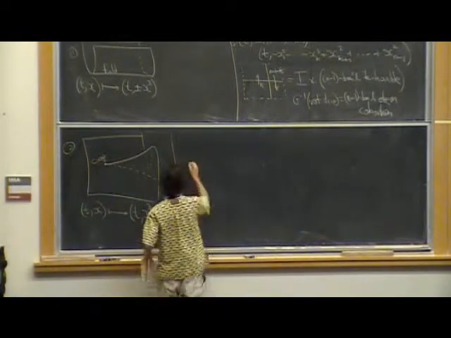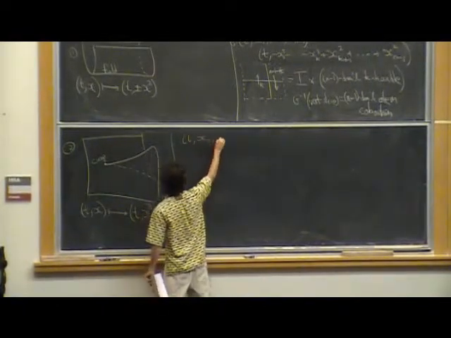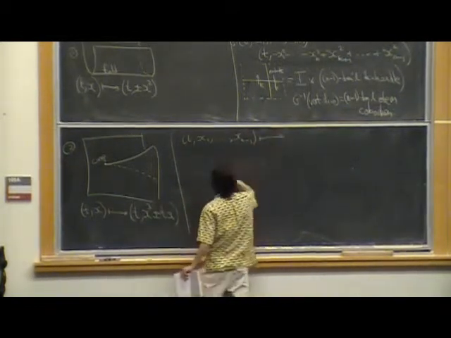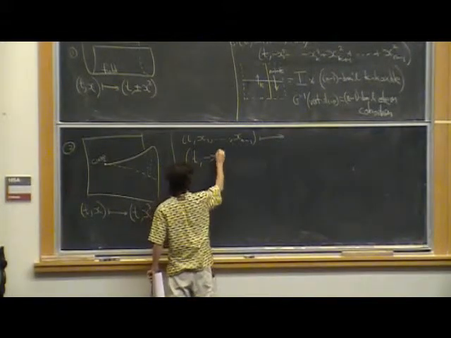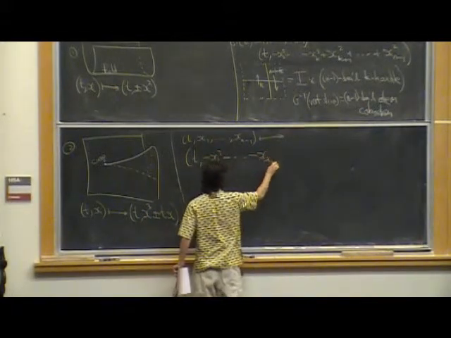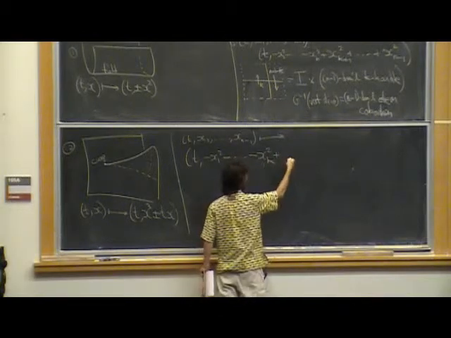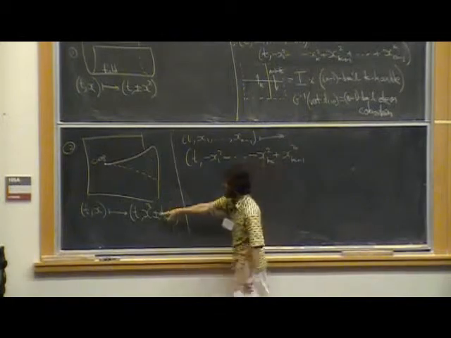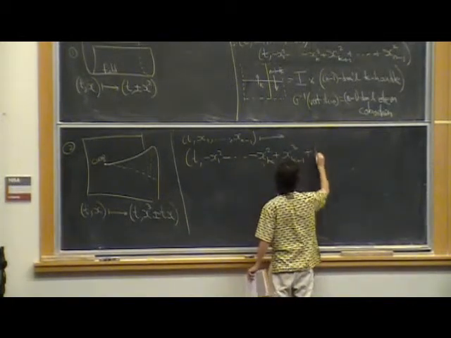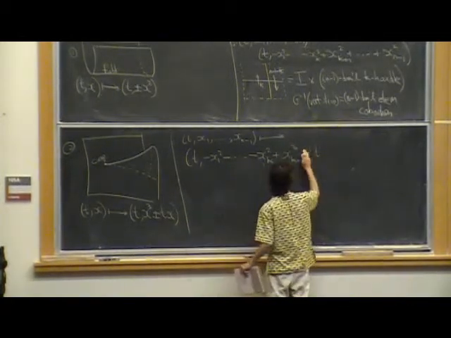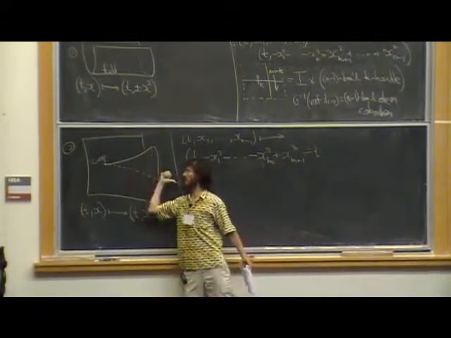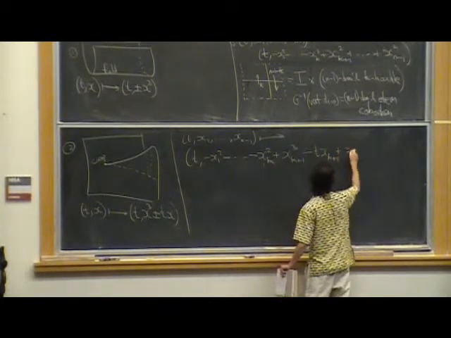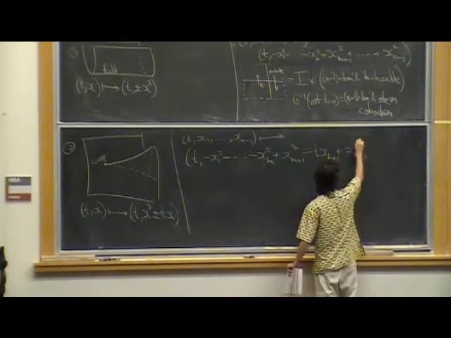And then in higher dimensions, the only difference is that x1 through xk maps to t minus x1 squared minus ... minus xk squared, and then at some point in the middle, say k plus 1, you put this model, x_{k+1} cubed plus or minus t x_{k+1}, and then plus x_{k+2} squared.